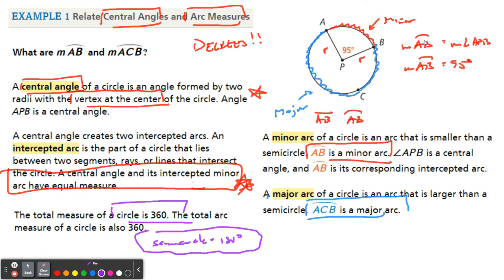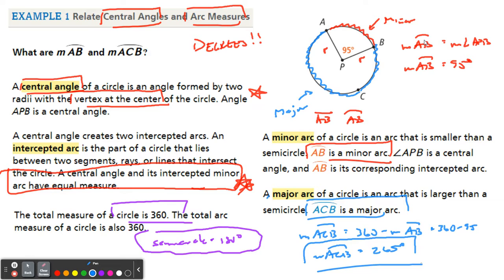So if we know the minor arc's measure, which we do, 95, to find the measure of arc ACB, let's just take the entire circle 360 and subtract the minor arc AB. So if we take 360 and subtract 95, we get the measure of arc ACB. And the measure of arc ACB will be 265 degrees. So this is how we find arcs, central angles in the circles.